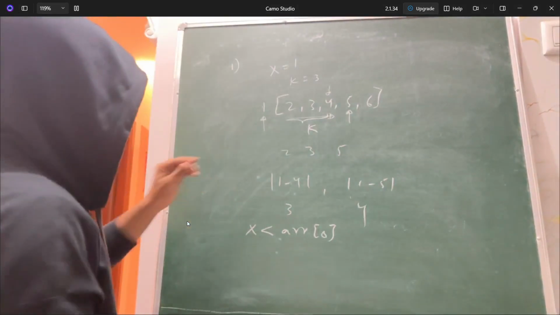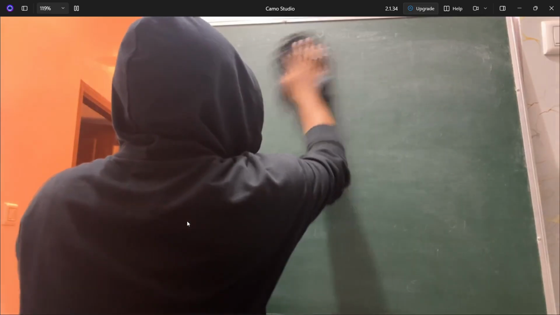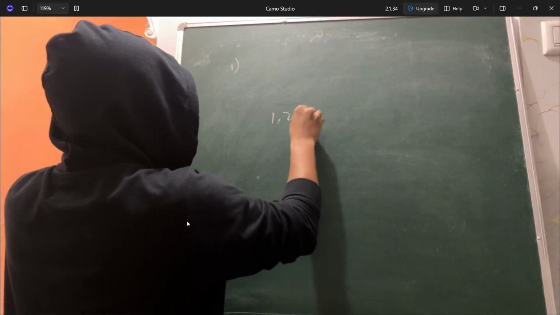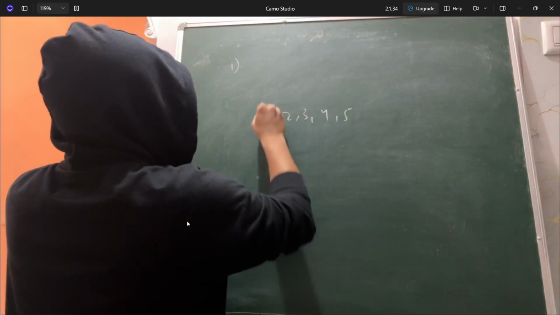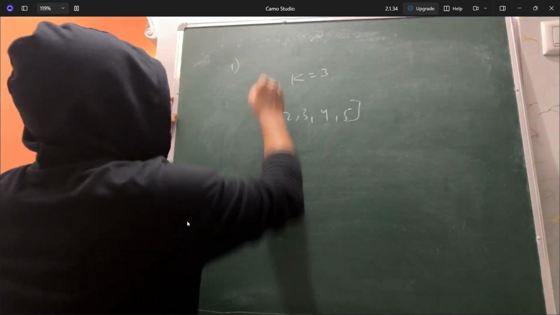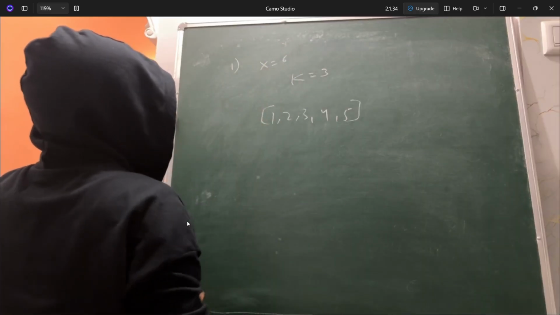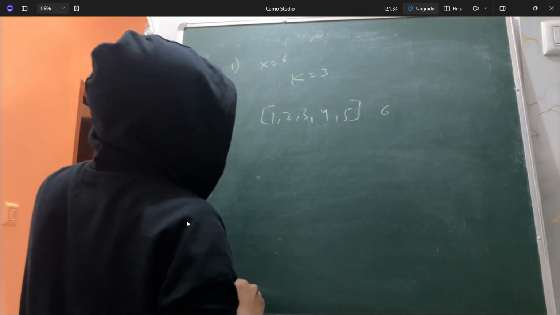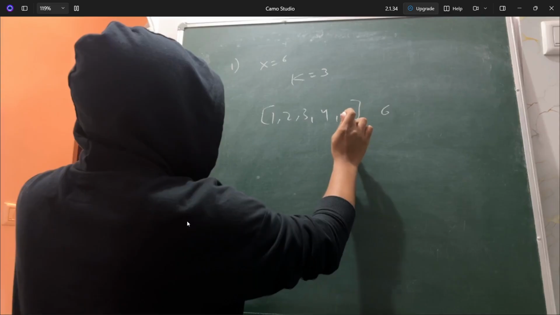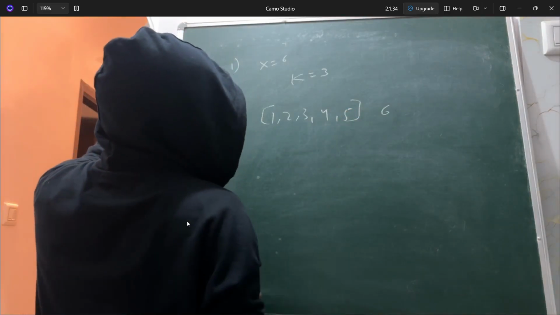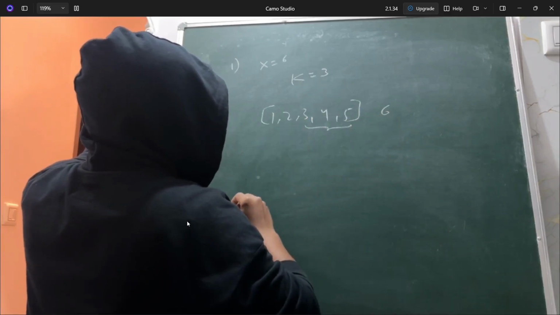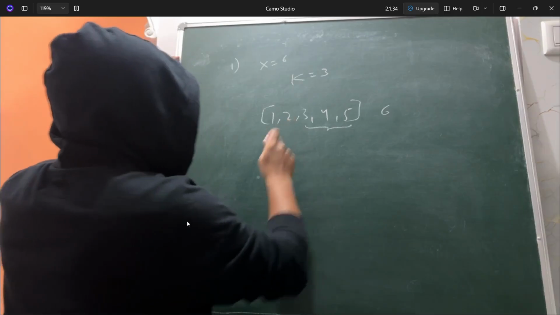Now for the second case, that will be a reverse case. Let's say we have values 1, 2, 3, 4, 5, and our k value is, let's say, 3, and x given is 6. So 6 will come here. 6 is not in the array, and 6 is greater than the last element, so in that case our closest values to 6 will be these 3, not these elements.